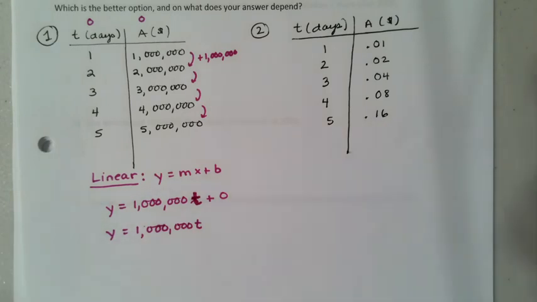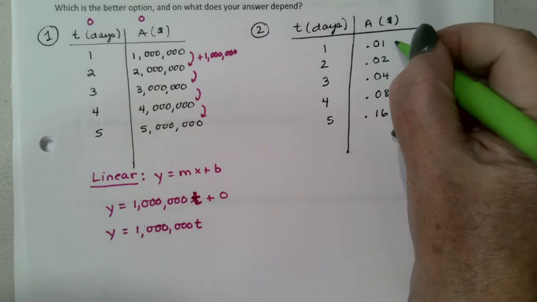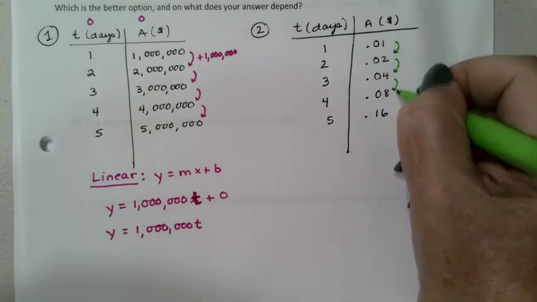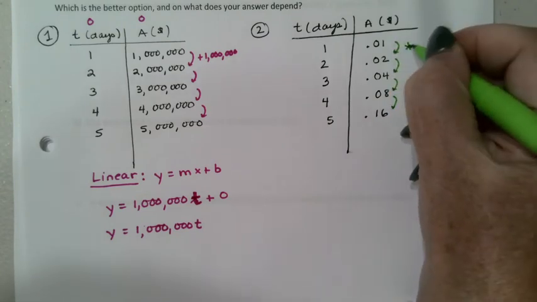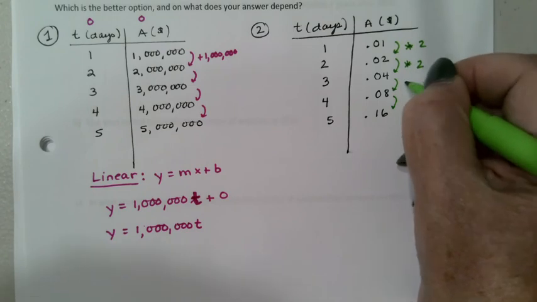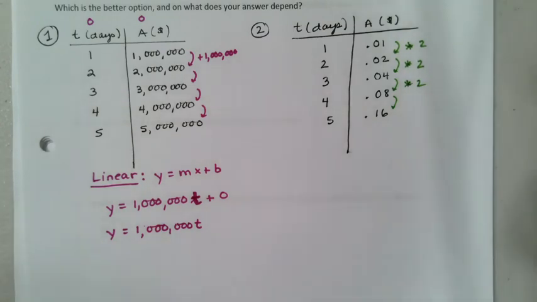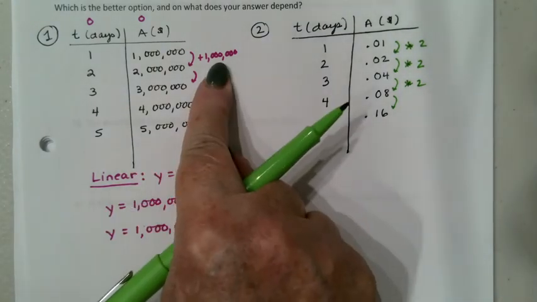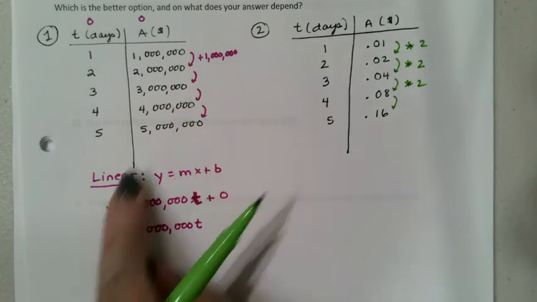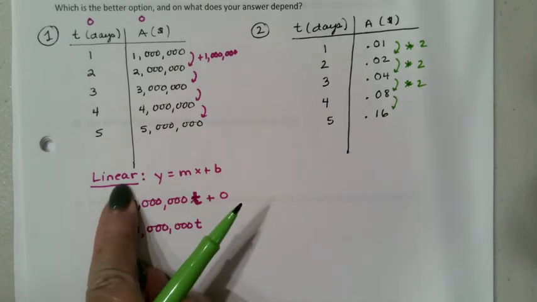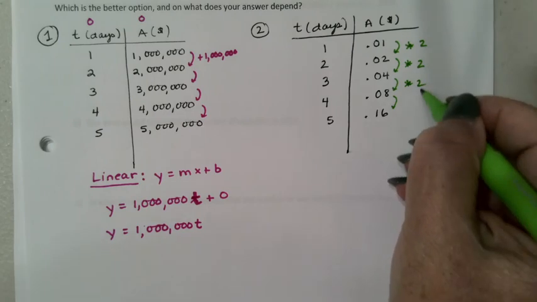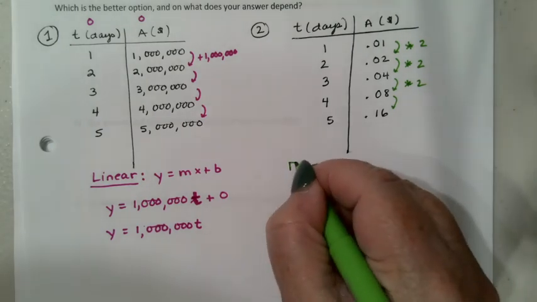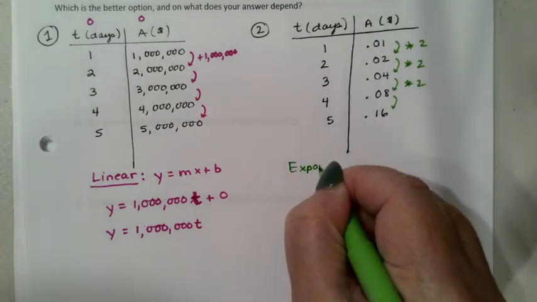All right, let's look at option 2. Here, if I look at the pattern, I'm doubling each day, so I'm multiplying by 2. When we had something going up by a common addend, we used a linear function. But when we're going up by a constant multiplier, this time we would need to use an exponential function.